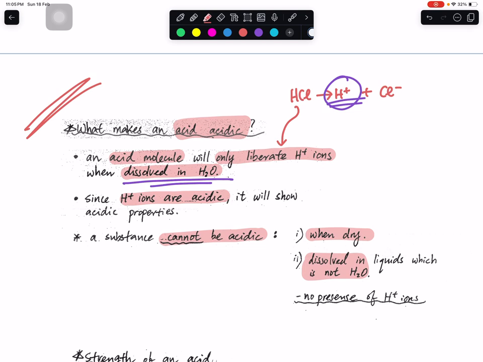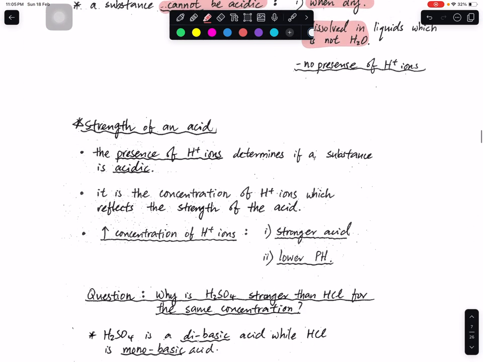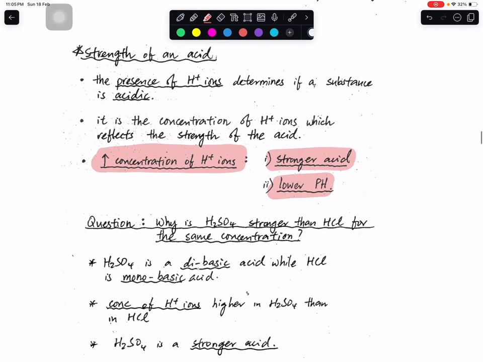Remember that if you do not dissolve in water, you will never have H+ ions. Because of H+ ions, do you agree with me that the more H+ ions I have, the stronger acid I will be and the lower my pH? Using this, let's take a quick look at a small example of HCl and H2SO4.